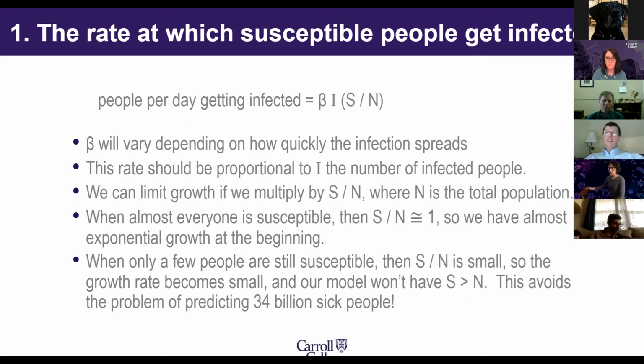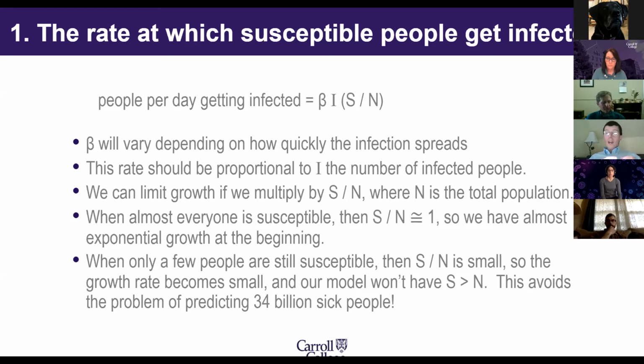But then we also need to limit growth. We need to say that, okay, we can't grow to more people than we've got. So we can also multiply by a factor of, here I'm going to do it with S, the number of susceptible people, over N, the total population. And so that's kind of a fraction. So at the very beginning, basically everybody's susceptible. S over N is about 1. So we just have, this leads to an exponential growth process.